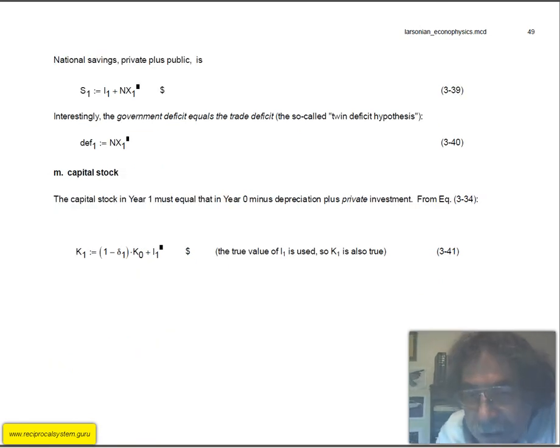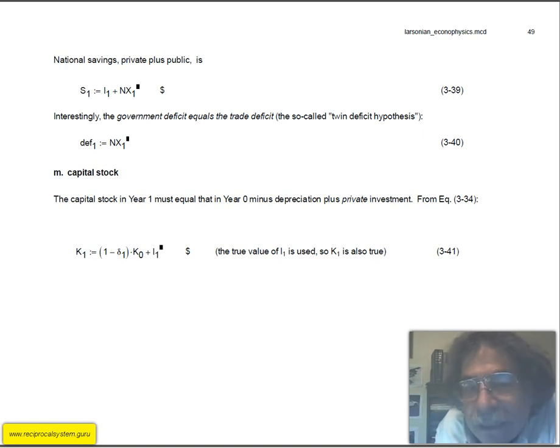National savings, private plus public, whatever, it's negative, is S sub 1 equals I sub 1 plus NX sub 1 in dollars. And interestingly, the government deficit equals the trade deficit, the so-called twin deficit hypothesis. So this is quite important.